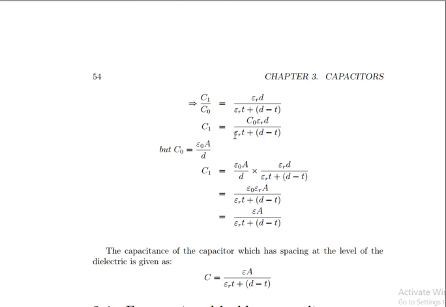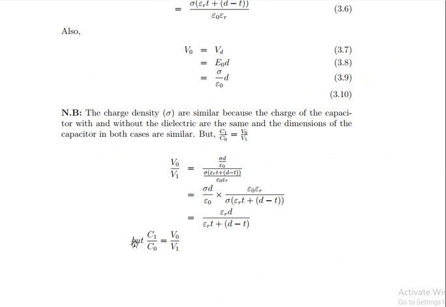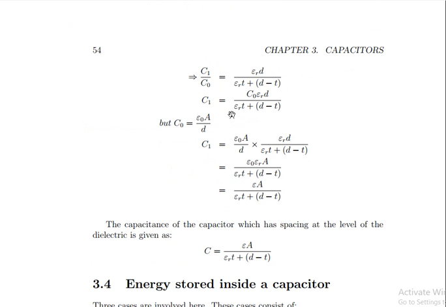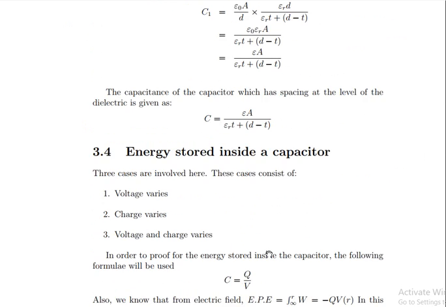Now when you have all this, by simple proportion, C1 all over C0 is equal to V0 all over V1. When you have all this, we are going to substitute back into this equation, and the final answer for the capacitance is equal to epsilon A all over epsilon 0 T plus D minus T.